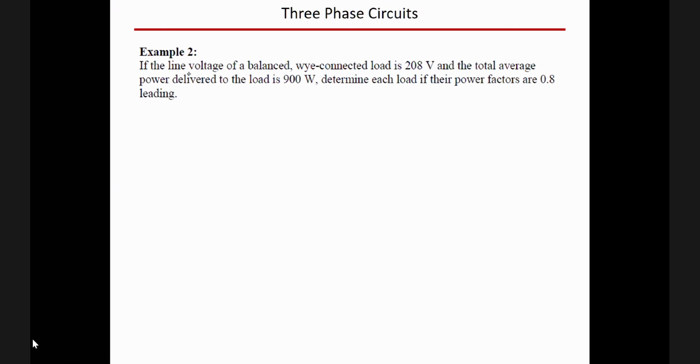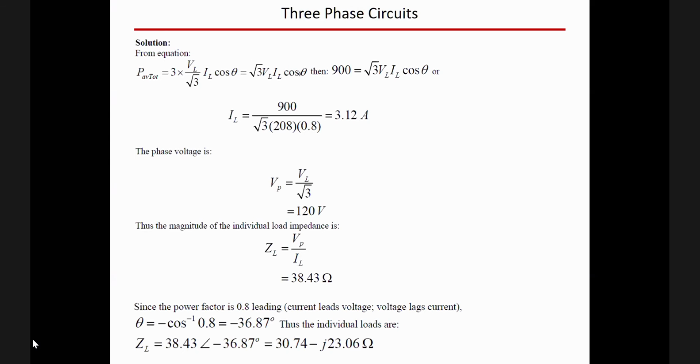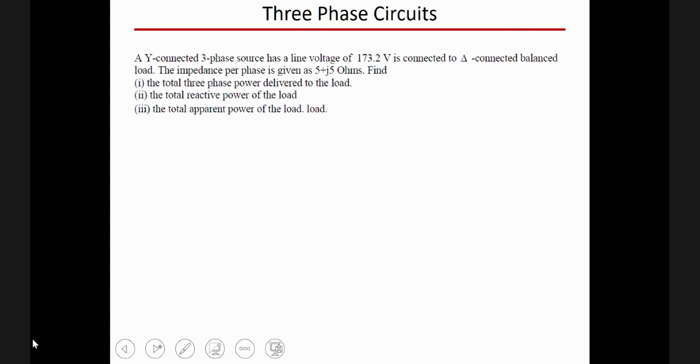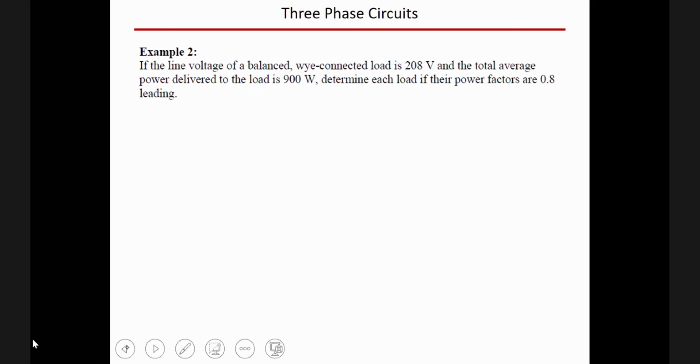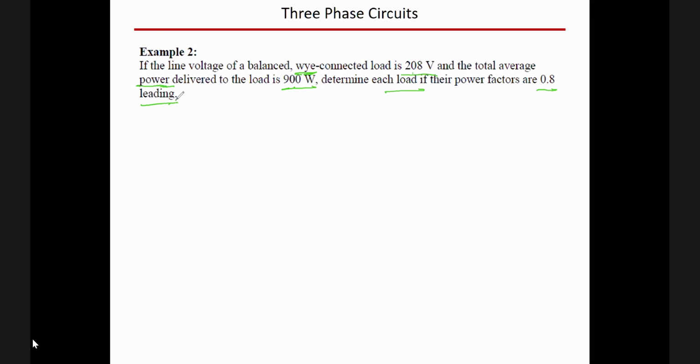If the line voltage of a balanced Y connected load is 208, and the total average power delivered is 900 watt, find each load if the power factor is 0.8 leading. So this is tricky because it's more about power calculations than three-phase systems.